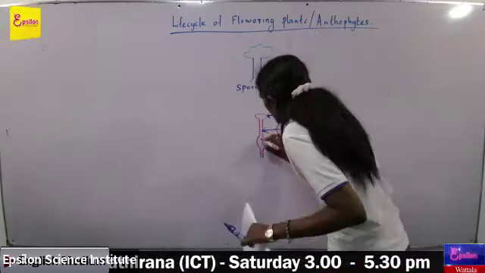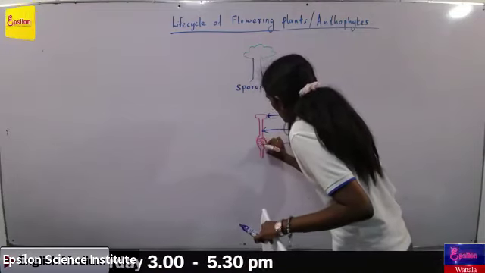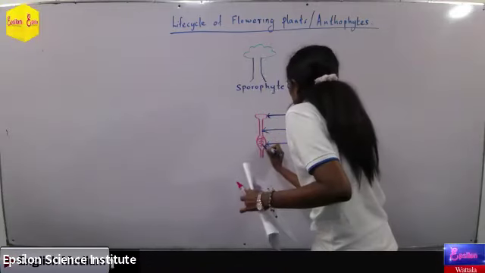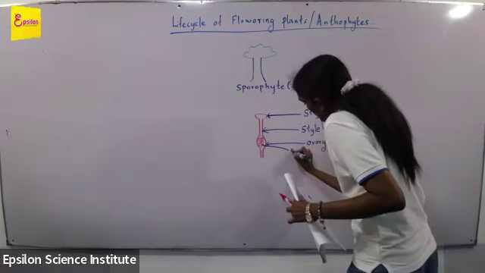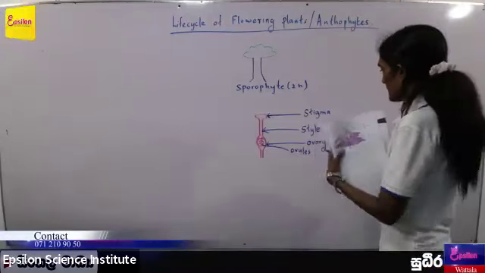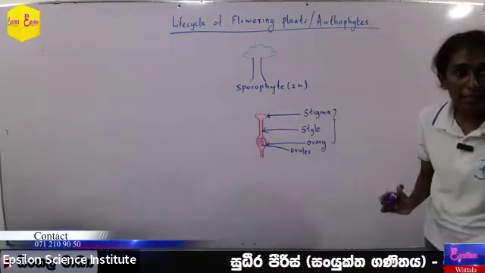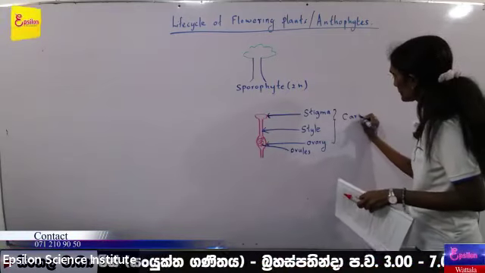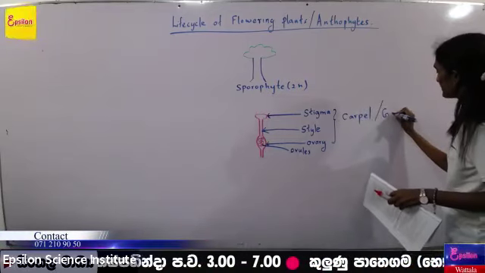In the ovary, ovules are there. So these three would be making the female part. This is also called the carpel, also the gynoecium.